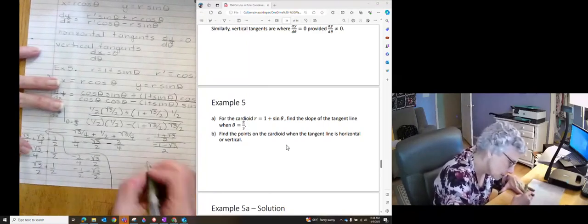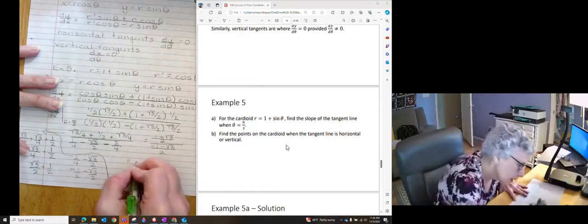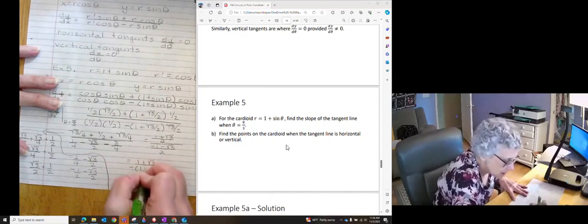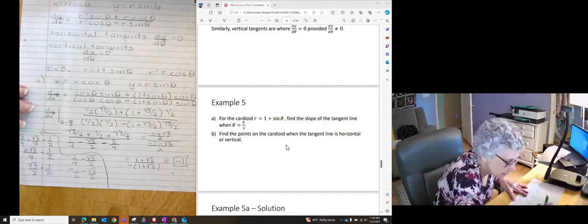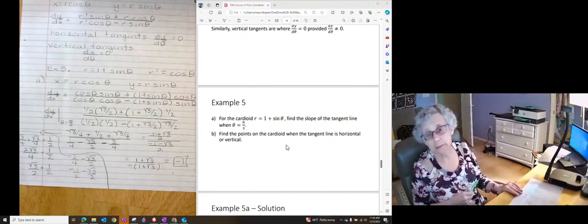And I'm going to just block this off here because that's just my scribble work. Well, I have over 2 over 2. This is the same thing as 1 plus square root of 3 divided by the negative of 1 plus square root of 3. I did a lot of work to get minus 1.